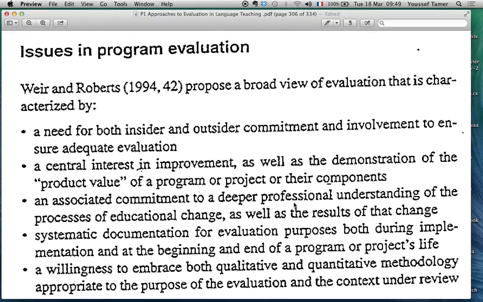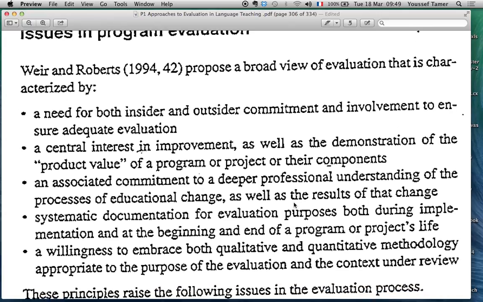Now, some of the issues in program evaluation, we were talking about issues at the beginning. They propose a broad view of evaluation that is characterized by a need for both insider and outsider commitment and involvement to ensure adequate evaluation.